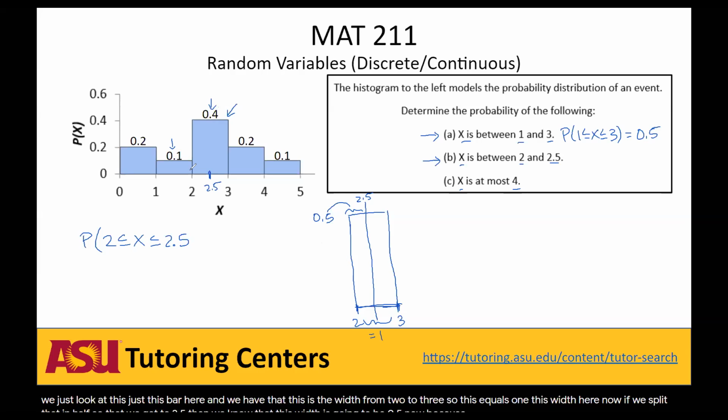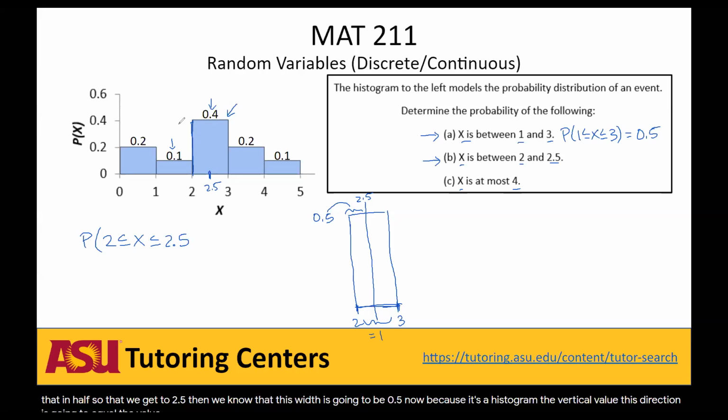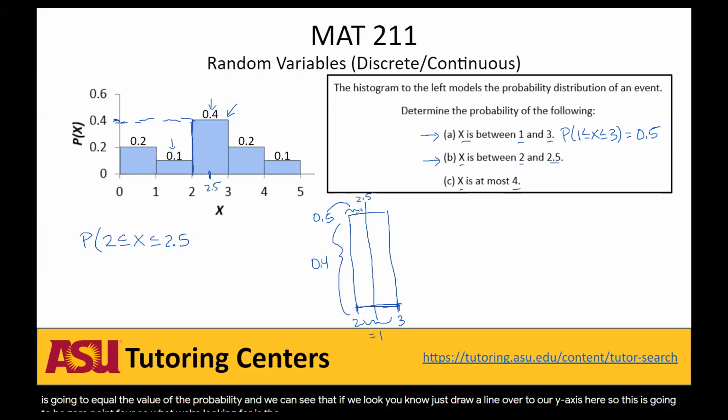Because this is a histogram, the vertical value is going to equal the value of the probability, and if we draw a line over to our y-axis, we can see that this is going to be 0.4. So what we're looking for is the area of this split part of our rectangle here.